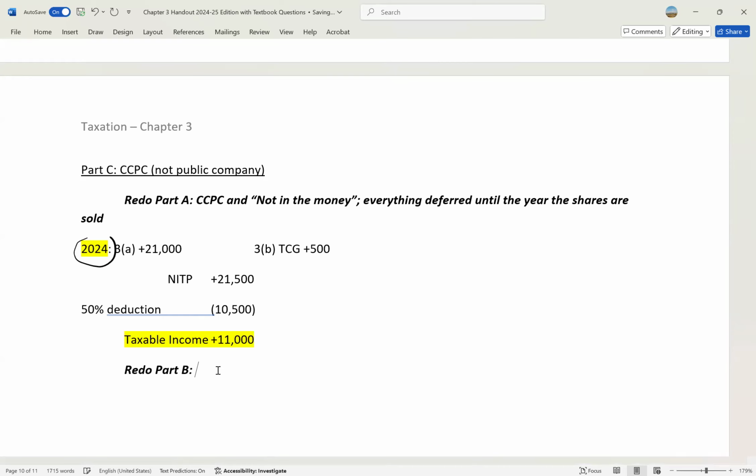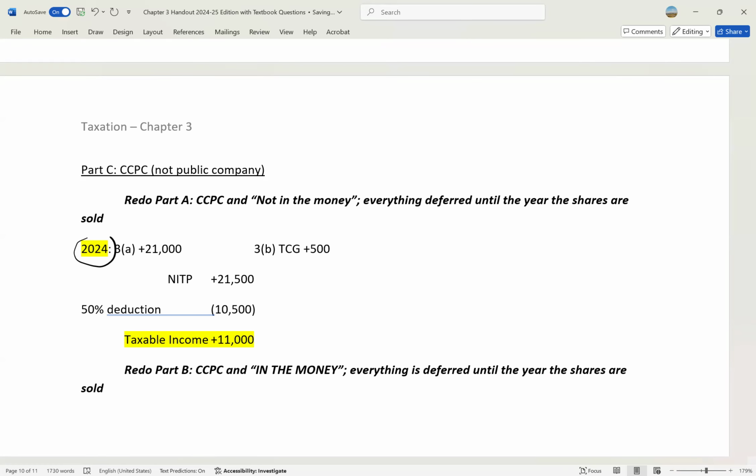So for part B, it is a CCPC, and the option was issued in the money. Similar thing, everything is deferred until the year the shares are sold.